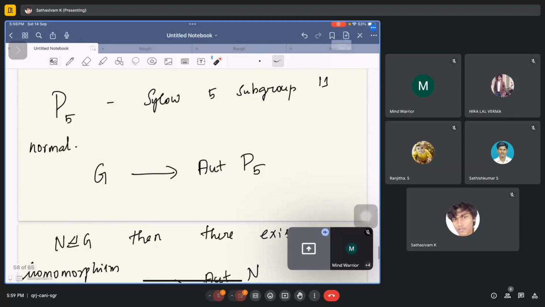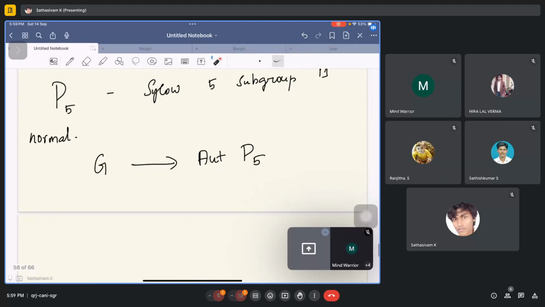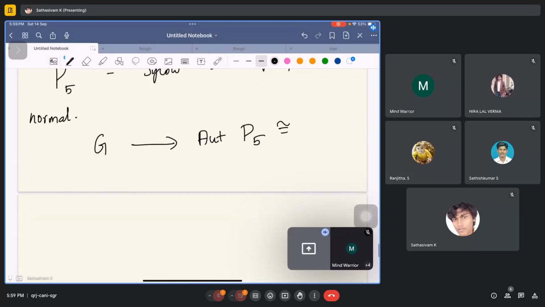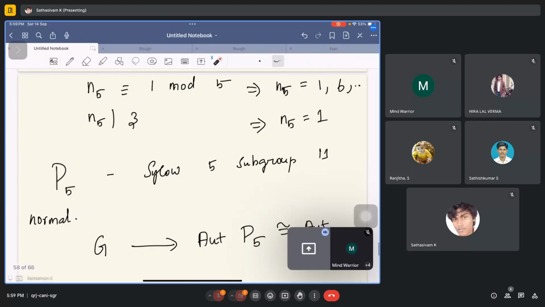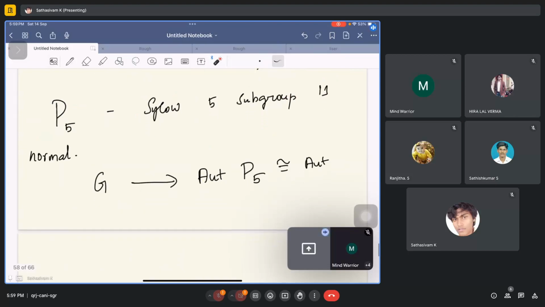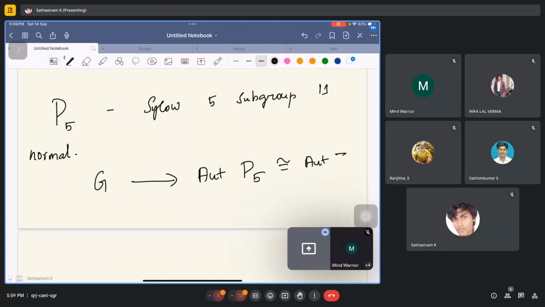In our case here, what is this P5? It is a subgroup of order 5, since your group has order 15. So the Sylow subgroup has order 5. So its automorphism group is nothing but the automorphism of Z mod 5Z.